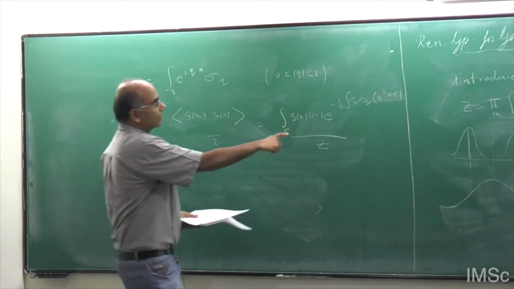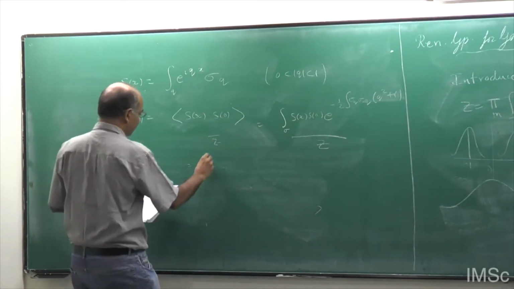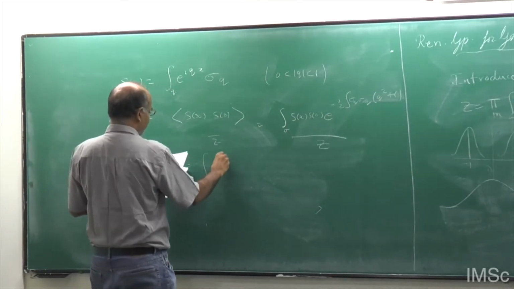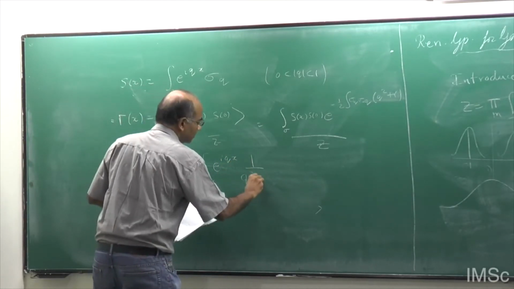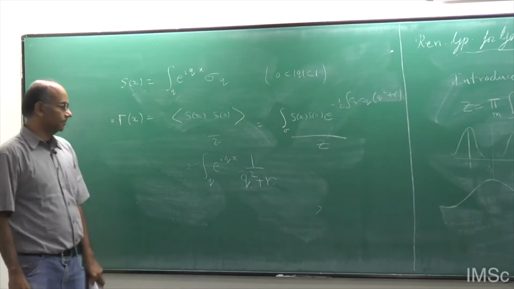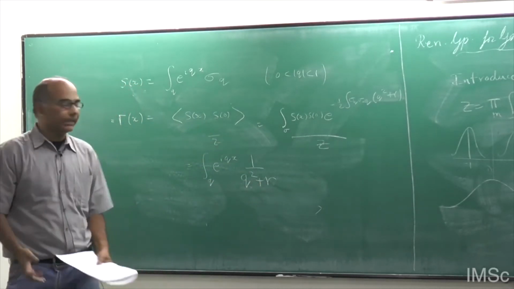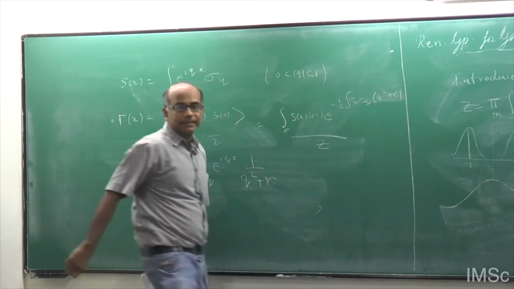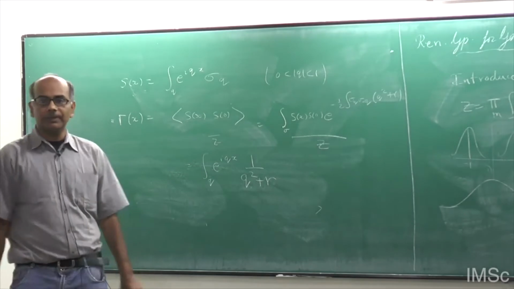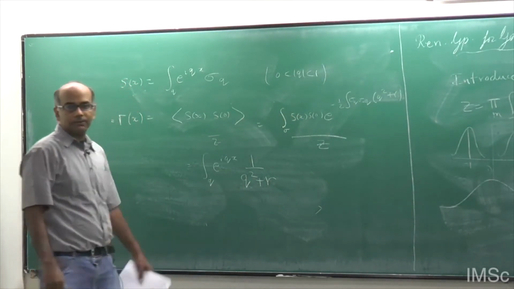If you do this, what will you get? You can easily show that this is basically going to be, you won't be surprised to see this. People who've done field theory recognize this as basically the propagator for the sigma field.